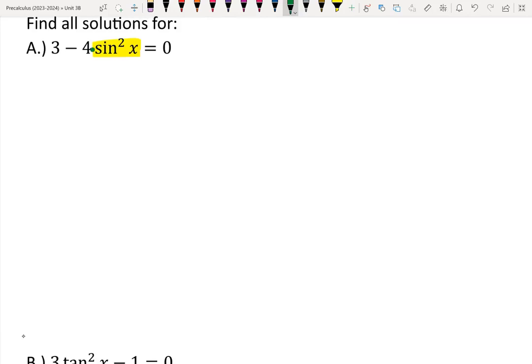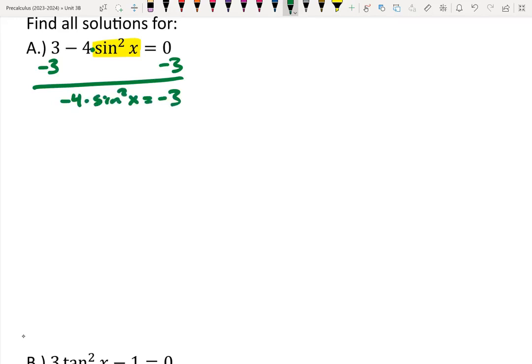The 4 is multiplying to the sine, so it's kind of attached to it. I will divide by the 4, but I want to take care of this 3. I want to get rid of that 3 first. So it's minus the 3 over. That'd be negative 4 times sine squared of x.